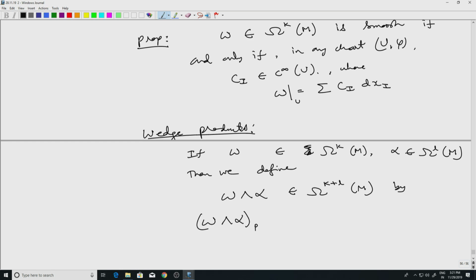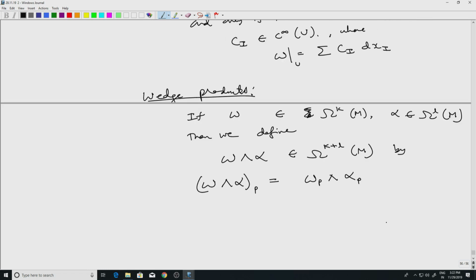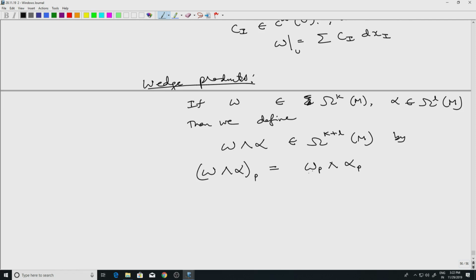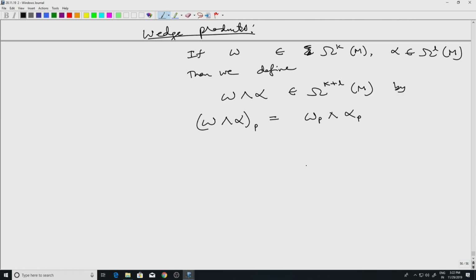So I just define this to be omega at P wedge alpha at P. So omega at P will be an alternating K form on T_P M, and alpha at P will be an alternating L form. So I can take the wedge product.